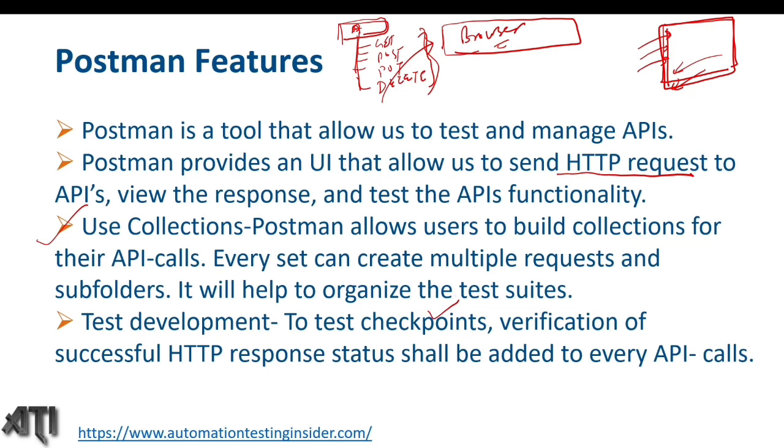We can perform different validations on our APIs by creating different checkpoints. We can create the checkpoints using JavaScript, like whether we are getting a 200 message or not. 200 is nothing but OK, or whether we are getting 404, like that. We can create our test cases using those checkpoints using JavaScript, which we are going to discuss in coming videos. So let's have a look at the next point.